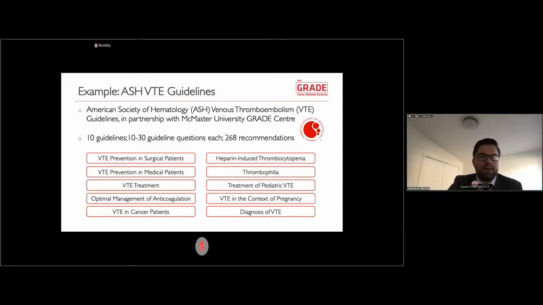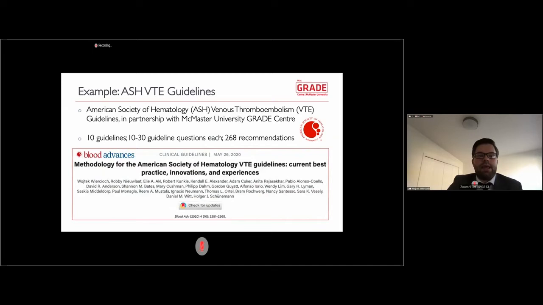The most recent guideline published was the VTE treatment guideline. And we have also followed up with a methodology publication to outline how we use the guideline checklist and those steps in the checklist to complete the project, and new approaches and innovations we implemented as part of the guideline development process to complete this large project.